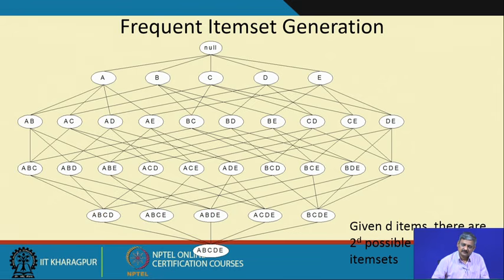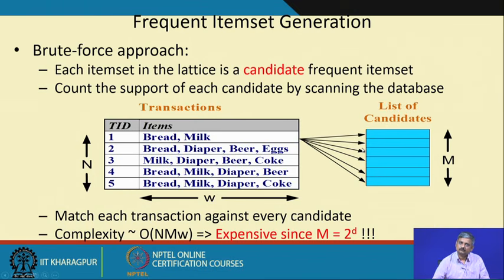I will check how many times they appear, I will check if they cross the threshold, and I will find out who among these candidates are indeed frequent, that means they appear more than min sub number of times. Okay.